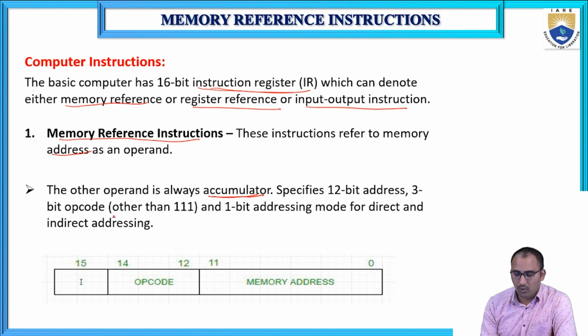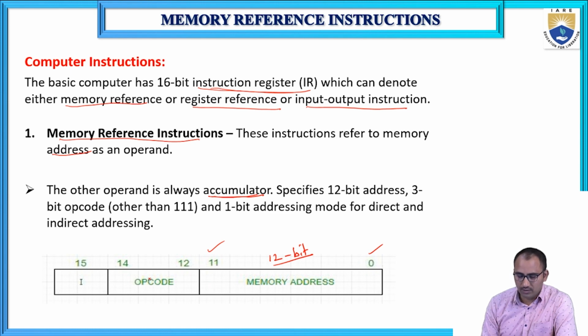It specifies a 12-bit address, a 3-bit opcode, and a 1-bit addressing mode of direct and indirect addressing. The size of the instruction register is 16 bits, so bits 0 to 11 represent a 12-bit address, which is the address of the operand.